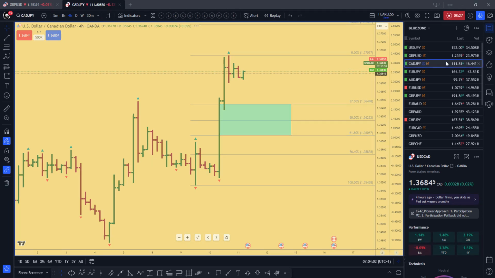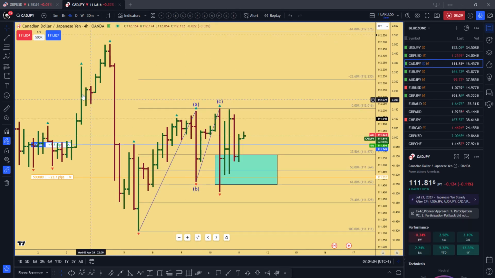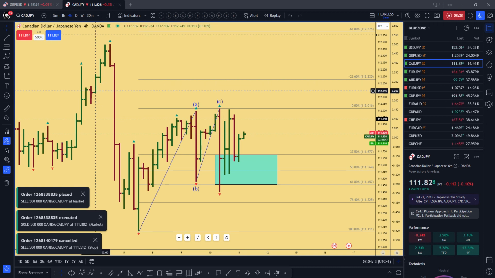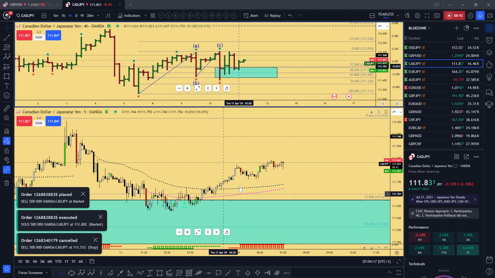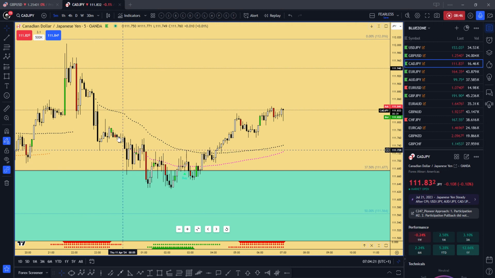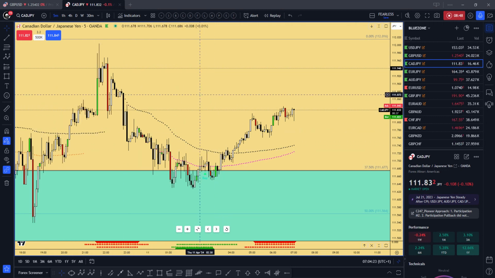Okay, last but not the least, let's look at the Cardian again. I've just closed the buy on the Cardian based on the 5-minute chart. Nothing crazy. I'll just show you this quickly. Is a potential failure.